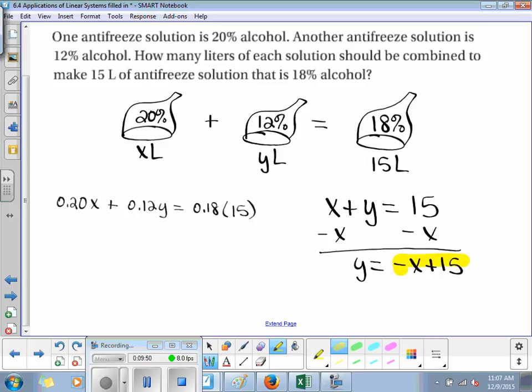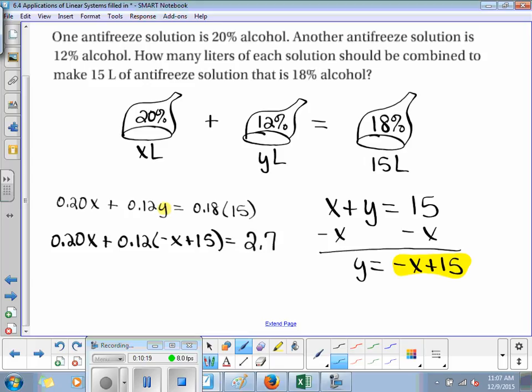So now you're going to put that negative X plus 15 in here for Y. Okay? So we end up with 0.20x plus 0.12 times negative x plus 15 is equal to 2.7.